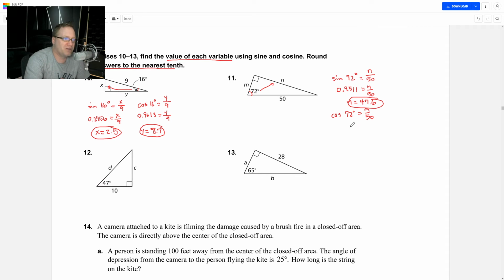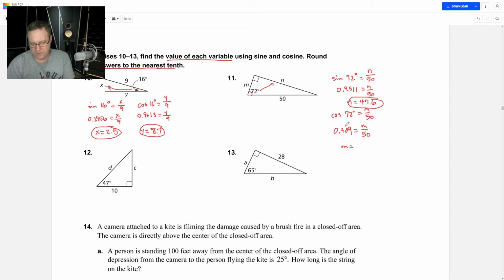Now we want to find m, and in order to find m, we need to find the cosine of 72. The cosine of 72 is 0.3090. So I'll just write 0.309. And that is going to equal m over 50. Well, that means that m is going to equal 50 times this.